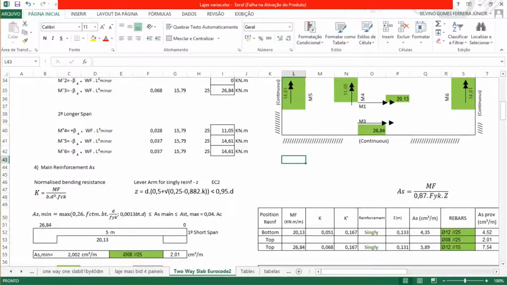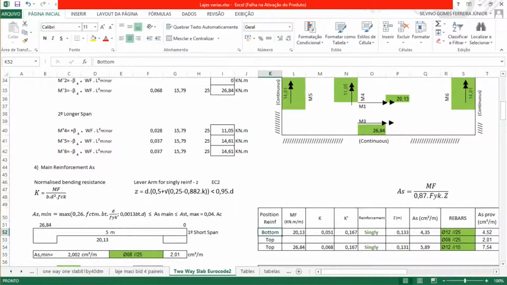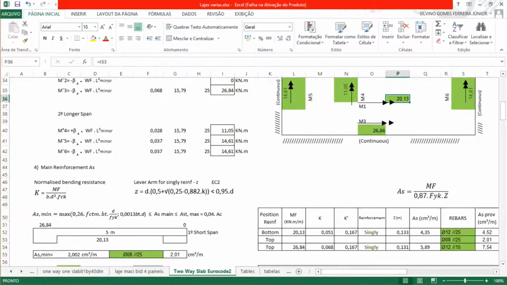So starting by the minor span, on the bottom, we calculated it will be in the middle span of this one. So this M1, perpendicular to here, will be 20.13 factored moment, and the K that we calculated will be given by this expression.